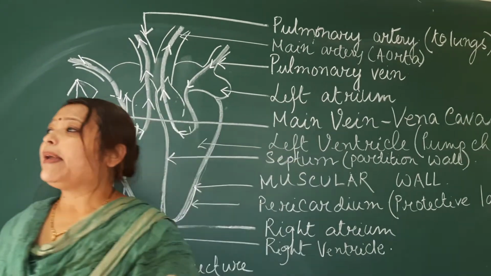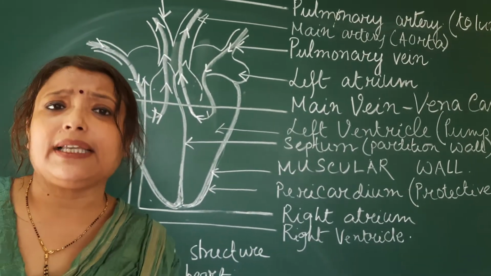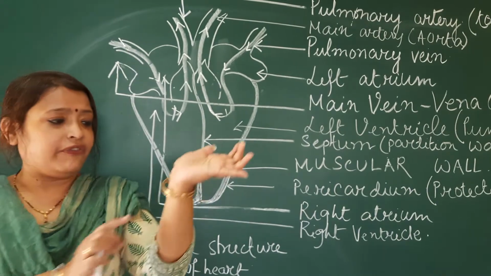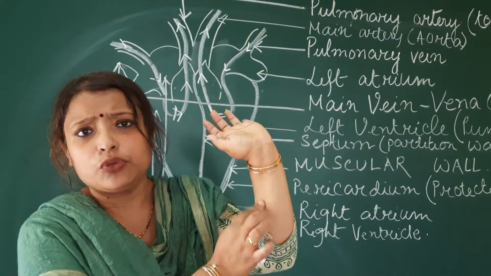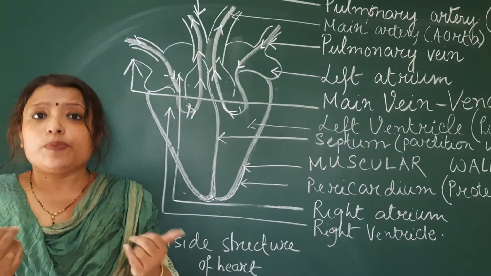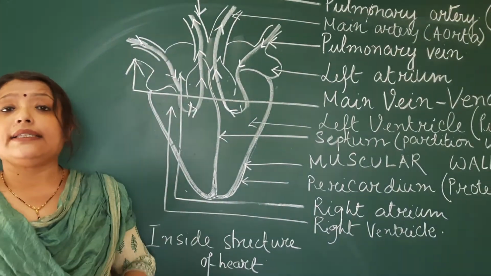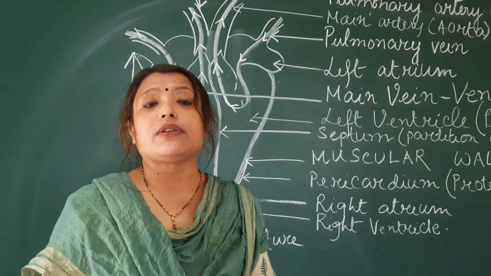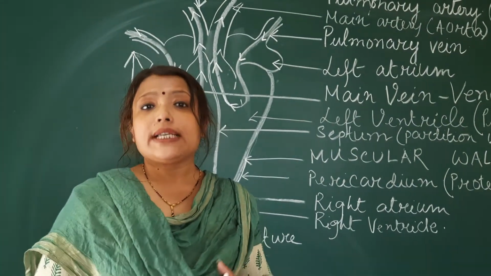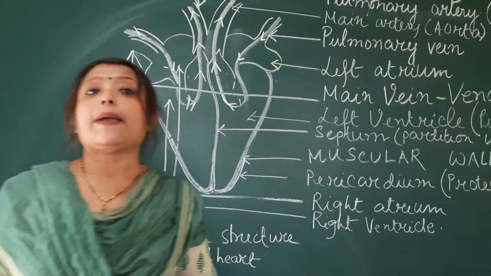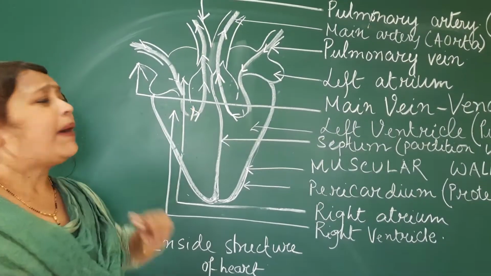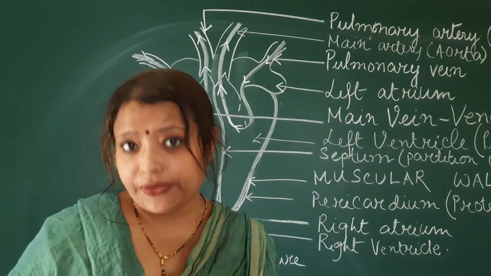Here I may tell you one thing: generally the vein is the superficial part and carries deoxygenated blood, and the artery, which is a deep seated structure, carries oxygenated blood, but the only exception is the pulmonary artery and pulmonary vein.